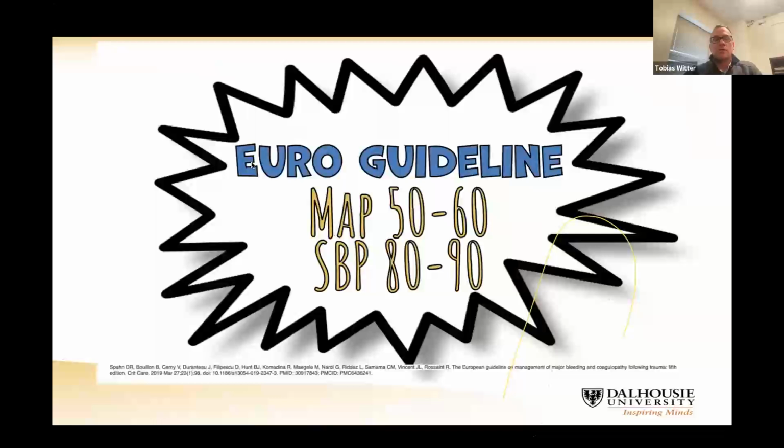So they adhere to that permissive hypotension concept, although I think it's been debated if that's actually still a good idea. And they also say systolic blood pressure 80 to 90. So if you said earlier target a lower MAP than what I usually would target, you were in safe range based on the European guidelines.